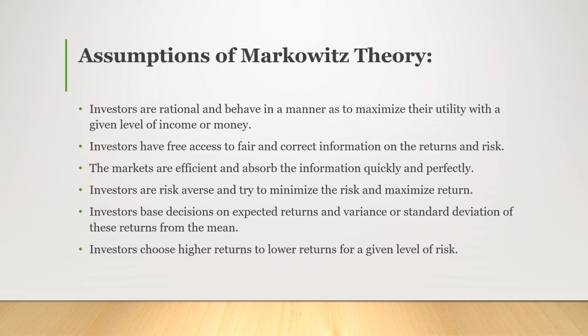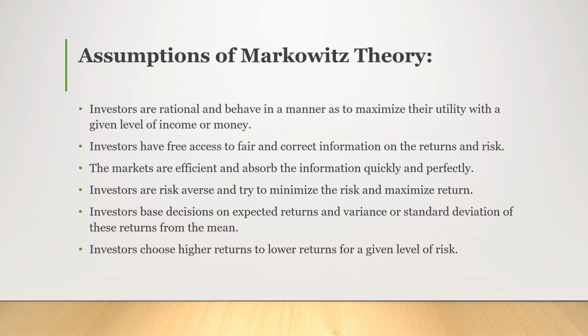Coming to the assumptions of Markowitz theory, the portfolio theory of Markowitz is based on the following assumptions. First one, investors are rational and behave in a manner as to maximize their utility with a given level of income or money.